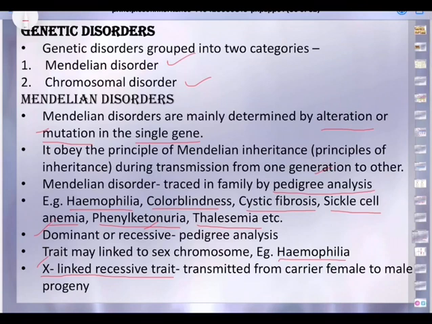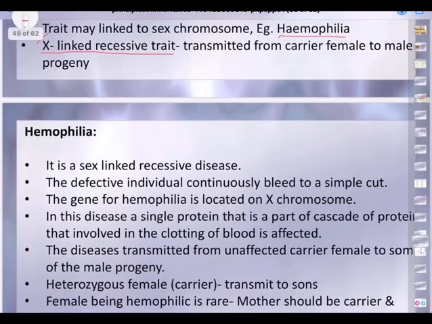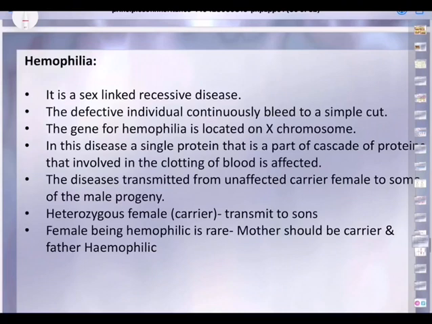The trait may be linked to the sex chromosome, as in the case of hemophilia. So there should be an X chromosome, and on that there is a recessive gene. Then the person will have hemophilia. So it is transmitted from carrier female to male progeny.